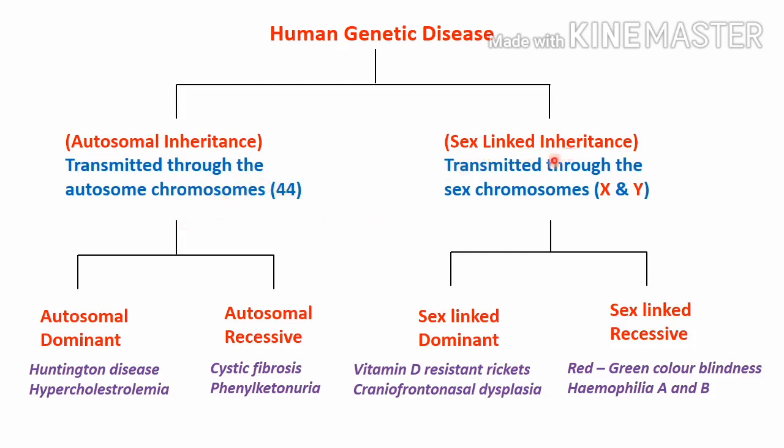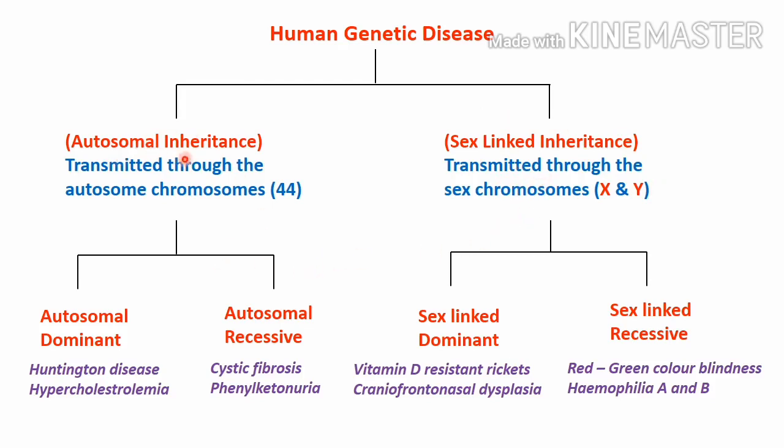Similarly, in sex-linked inheritance, the diseased or abnormal genes are located on sex chromosomes, and as we know, X and Y are the sex chromosomes in human beings. So diseased genes located on the X and Y chromosomes are known as sex-linked inheritance.